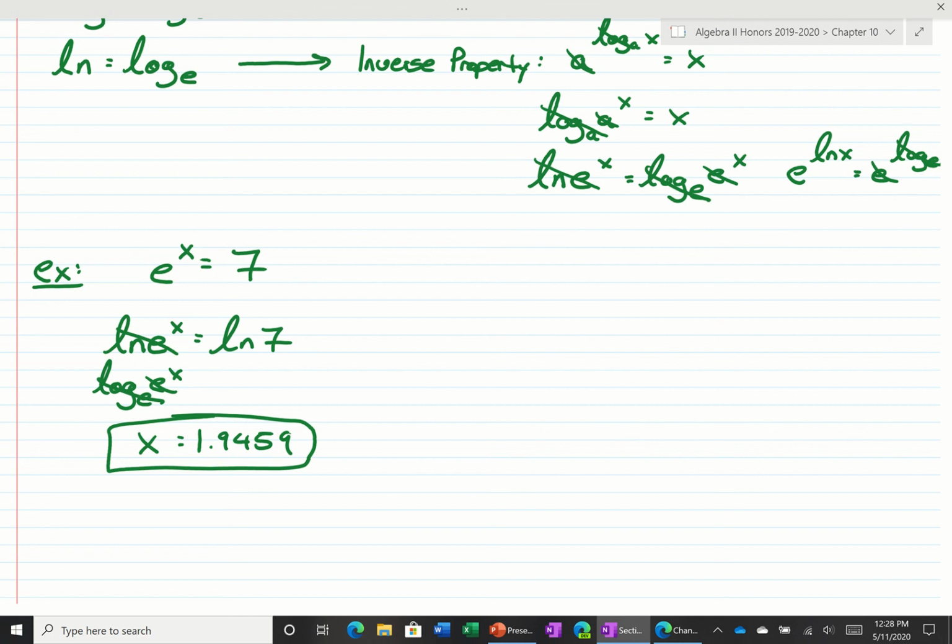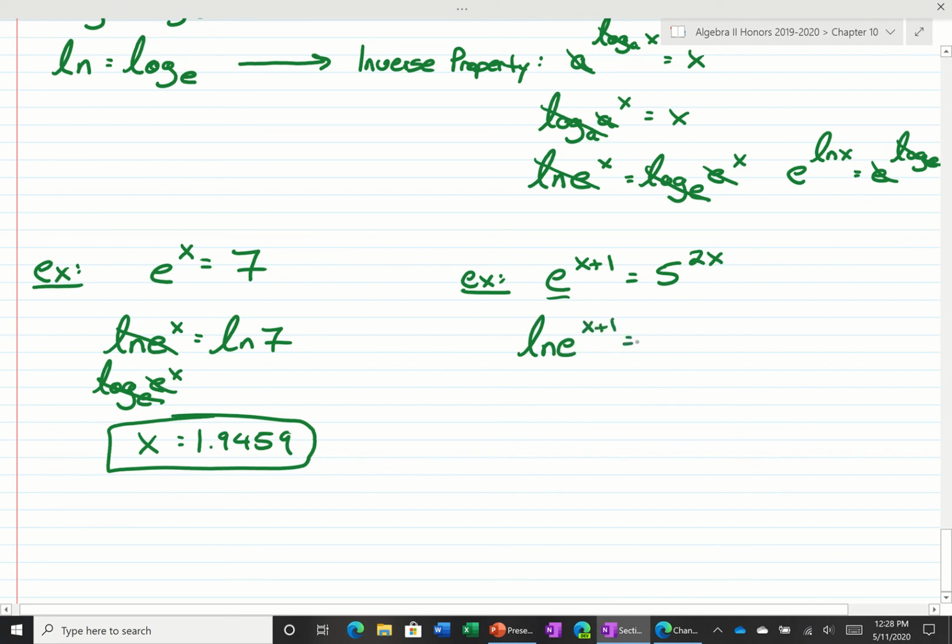So what about a problem like this? e to the x plus 1 power is equal to 5 to the 2x. Something like that. Well, we see it's an exponential equation, and we see we have a base e. Let's go ahead and take the natural log of both sides. ln and e, they're inverses, so they cancel. This one's pretty easy. And you could actually bring the 2x down using the power property.